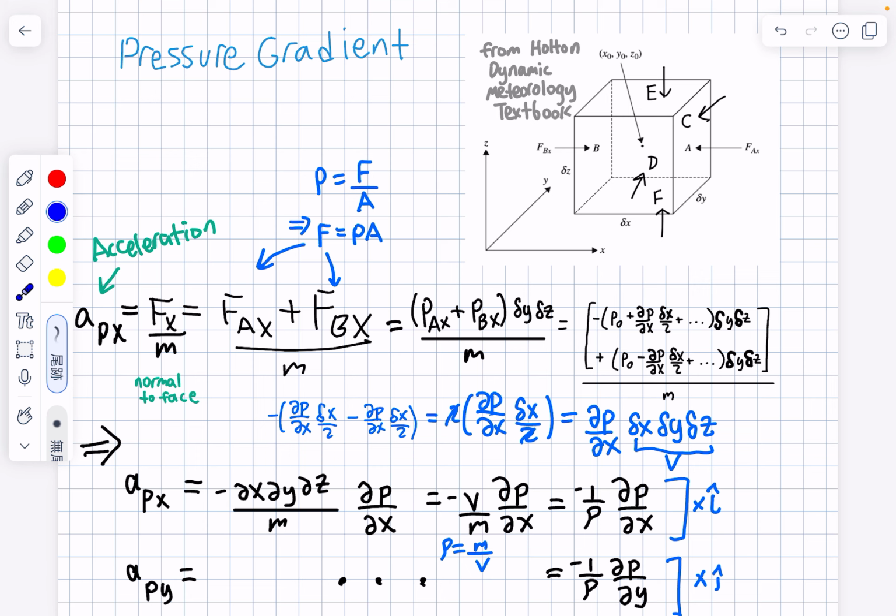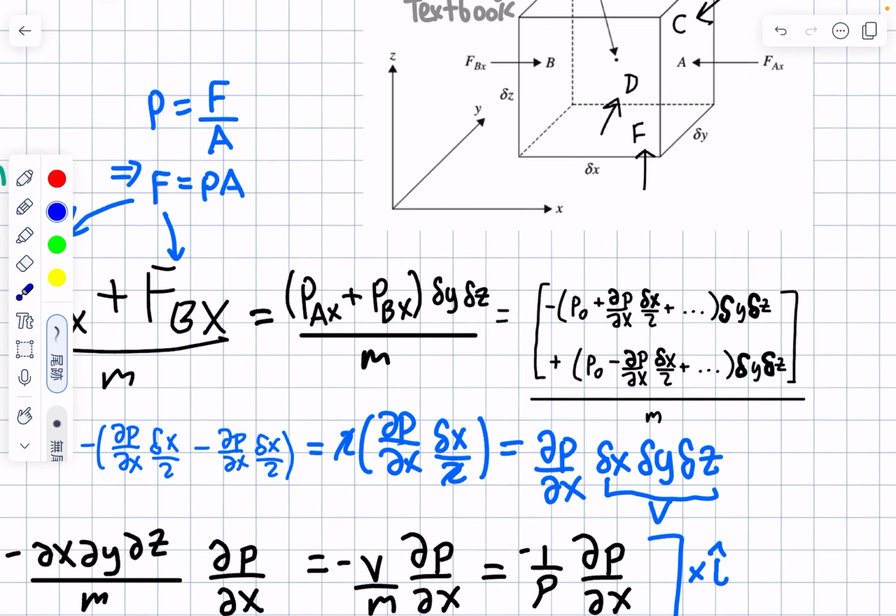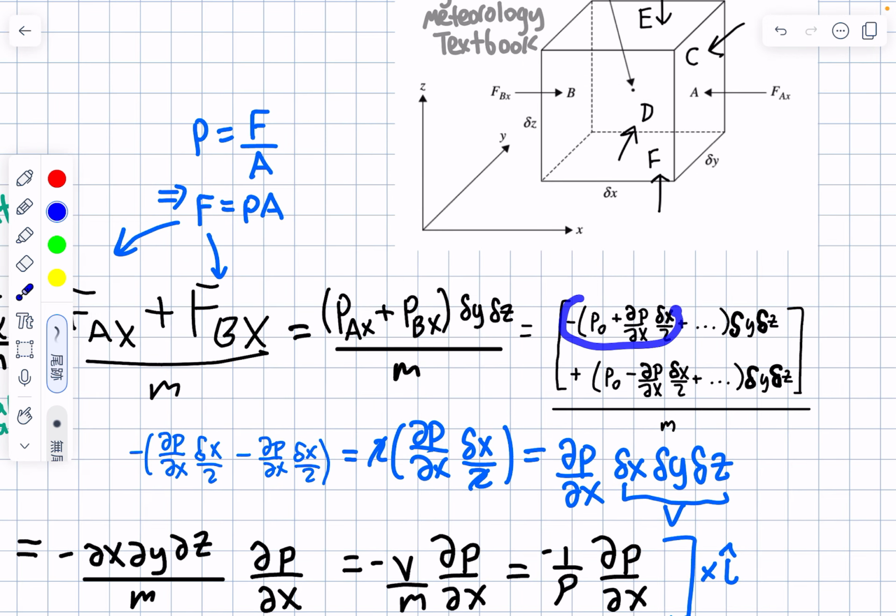Of course we can never get there, so we can stop and approximate the Taylor series after the first or second term. It turns out that even if we were to expand out the Taylor series, it's going to cancel out in the exact same way every single time. So we will end up with a pressure gradient force that is a perfect representation of this derivative. For the A face, we have a negative contribution because it's in the negative direction, and a positive contribution for the B face.